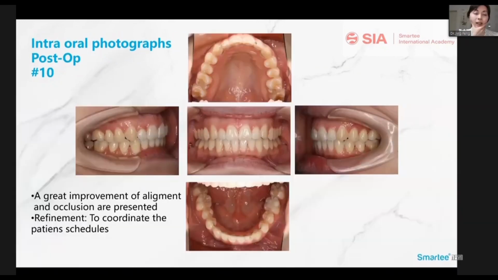I think the result is satisfactory. Thinking about the initial intraoral photos, crooked teeth, the scissors bite, the deep overjet, deep overbite, and class 2 molar relationship, all fixed. And without any teeth taken out, and of course no surgery.